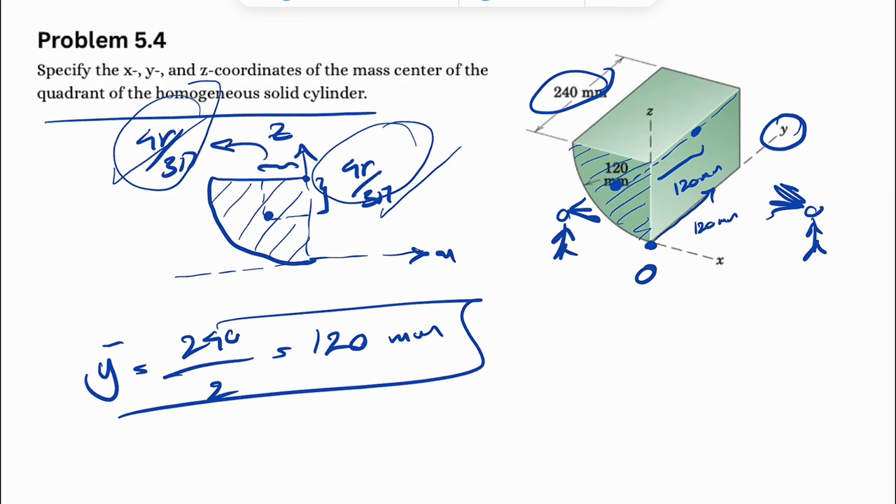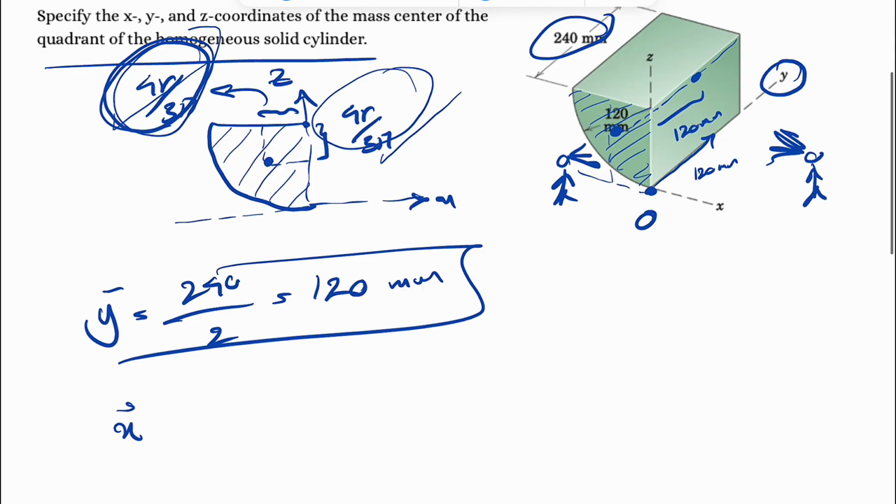So that's for y. For the x, the distance that we need, we are first of all on the negative side of the x, and we figured that distance is 4r divided by 3 pi, but because we are on the negative side, our x would be negative 4r over 3 pi.